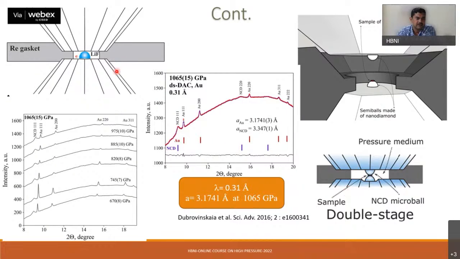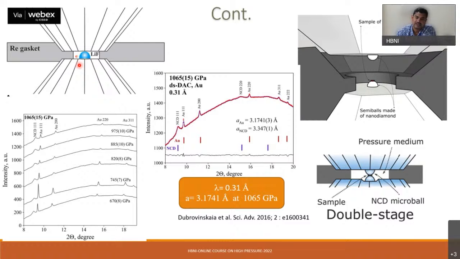So what they have done really, this shows the rhenium gasket and sample, and this is their polycrystalline nano diamond. In one of their experiments, they used only one piece of nanocrystalline diamond with the rhenium gasket and determined the equation of state of rhenium up to 600 GPa.